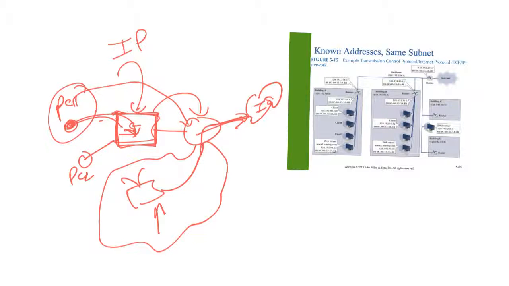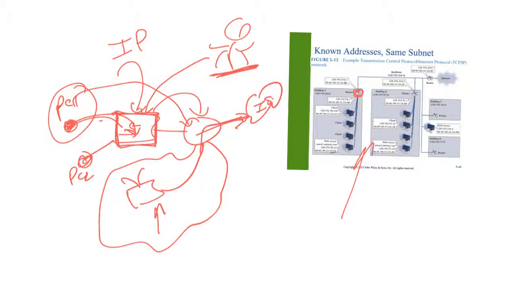The only reason we give a switch an IP address is if someone, as the network administrator, would like to communicate with the switch directly and manage it, update it, send traffic, or reroute traffic for administration purposes. But as far as communication, as we will see shortly, the switch is absolutely transparent. That's why in the figure, the PCs are connected directly to the router and not to the switch.